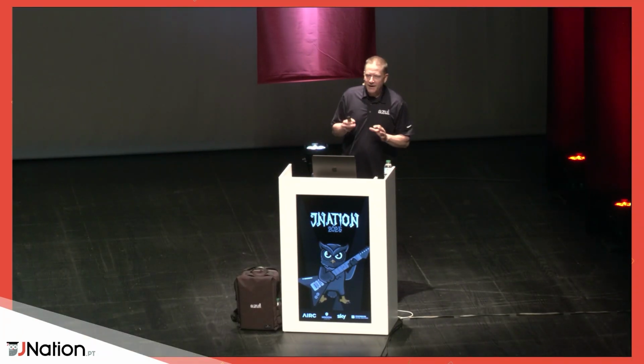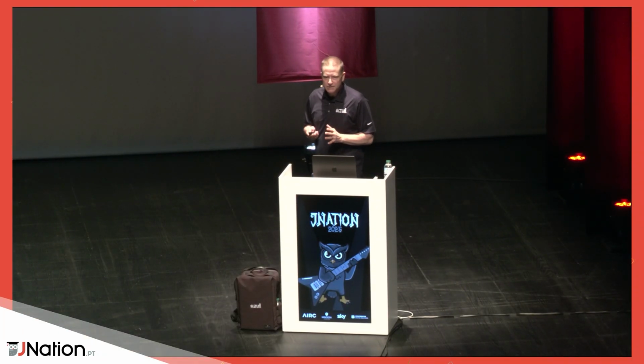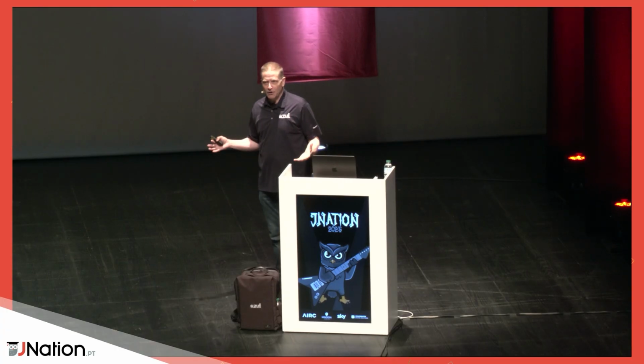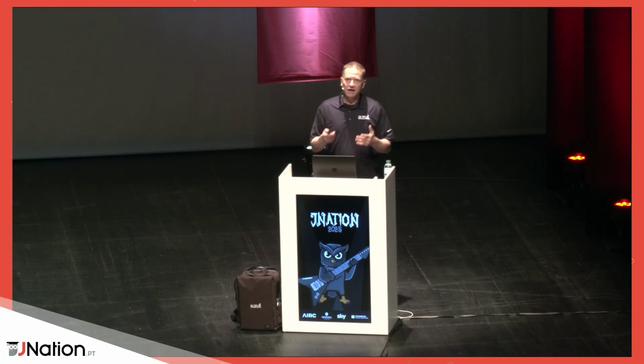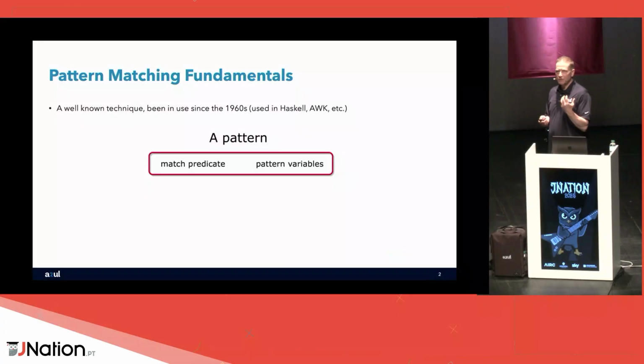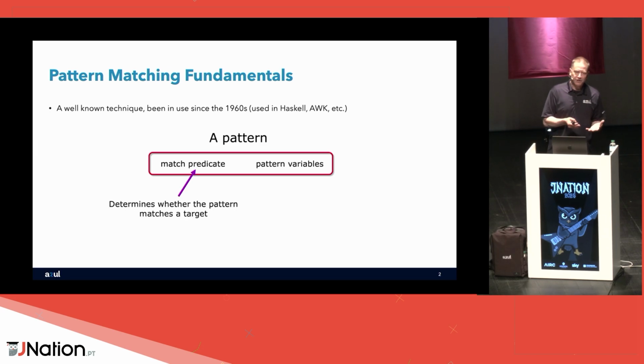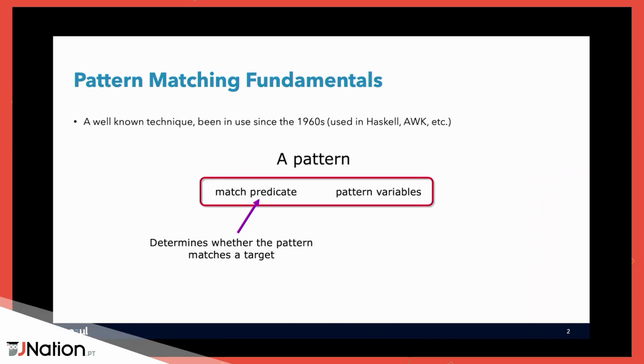Well, what we mean by a pattern in this sense is something which consists of two parts. The first part is called a match predicate. And a match predicate is essentially something that evaluates to a Boolean, true or false. So it's like an if statement. And based on the match predicate, this is going to determine whether our pattern is going to match against a given target.